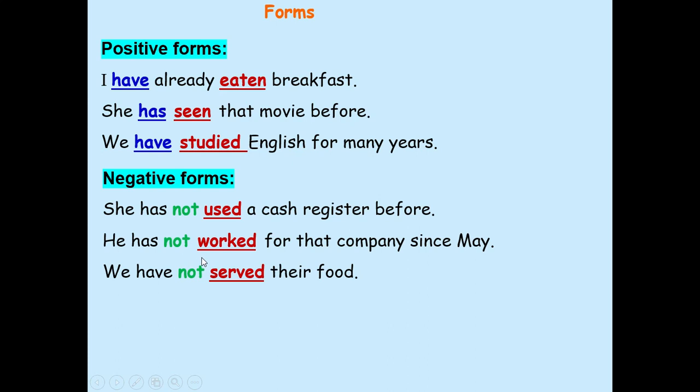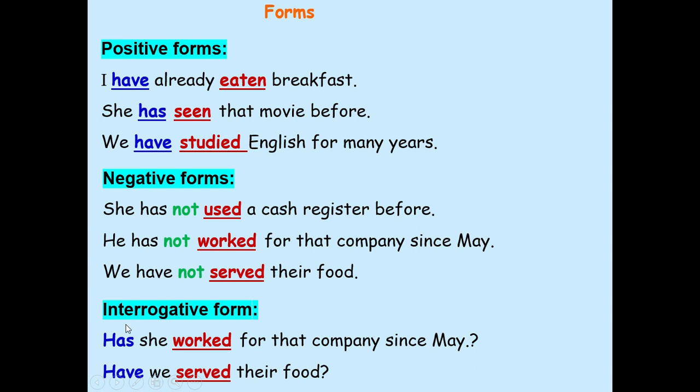Now let's look at the last form. The last form is called the interrogative form, or we can say question form in short. What is the difference between positive, negative, and interrogative?